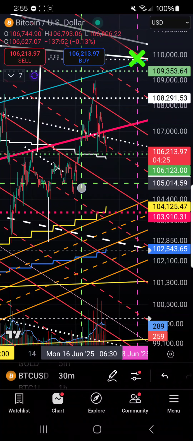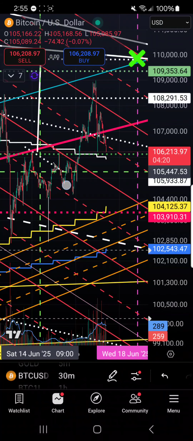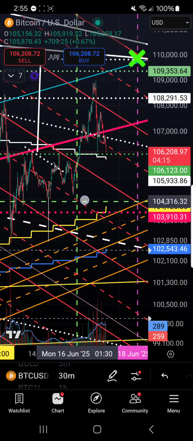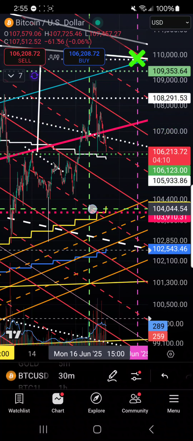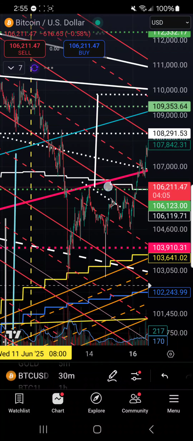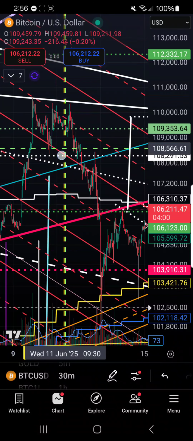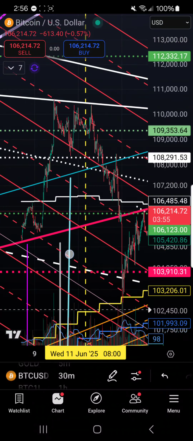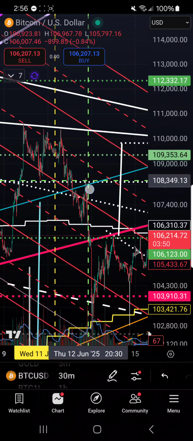You can see how we consolidate within these, between the centers. I guess you could call this the center line of the channel, and this is the top of the channel, but price action moves within these slopes. You can see a lot of times that they act as support and resistance. The center lines and the tops of the channels and the bottom of the channels. I mean, look at how we come down here like this.